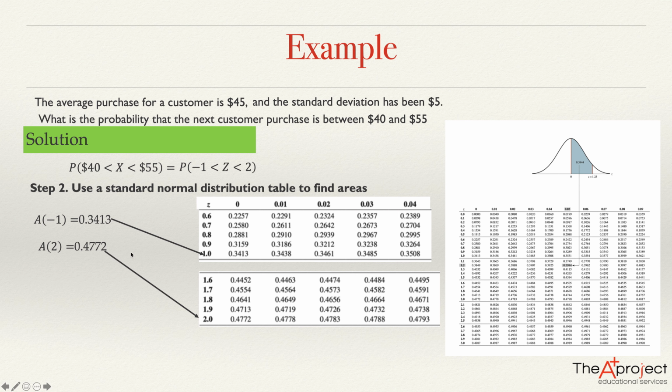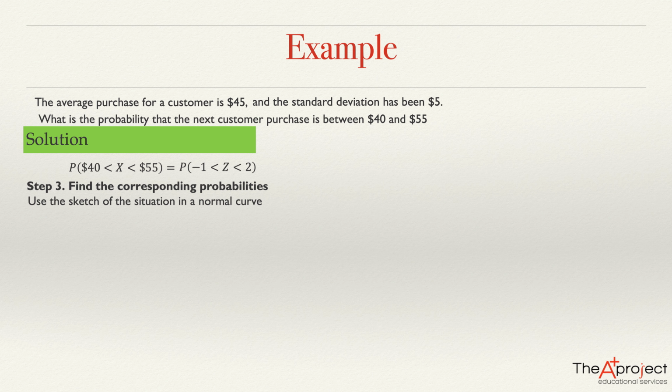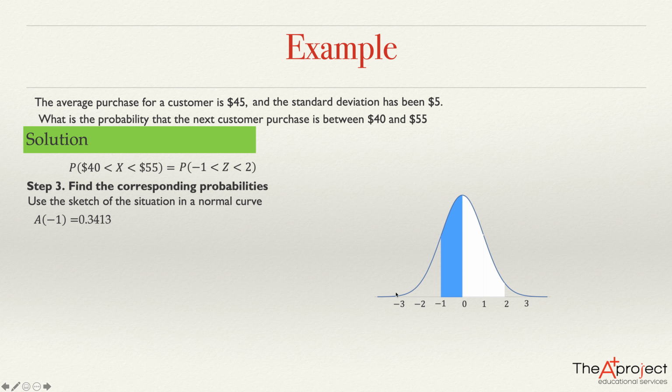Now, what to do with these areas to answer the problem? That's what I'm going to explain in step number 3, which is to combine the areas. We know that the area corresponding to -1 was 0.3413, and this area is the region between -1 and 0.